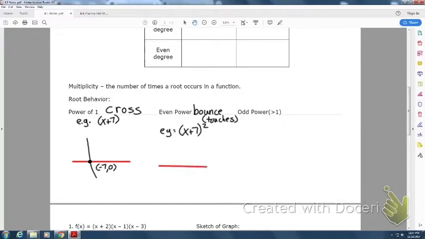So that x-intercept would be occurring at the same spot that the first one would. It would still be at negative 7, 0. The only difference, instead of crossing through it, it would just bounce. Looks like it bounces off the x-axis.